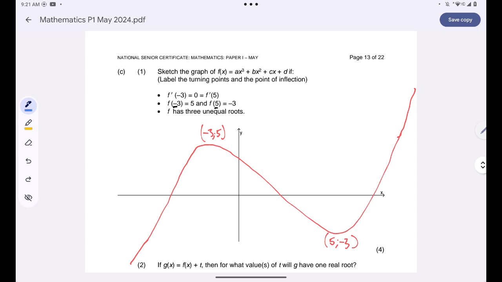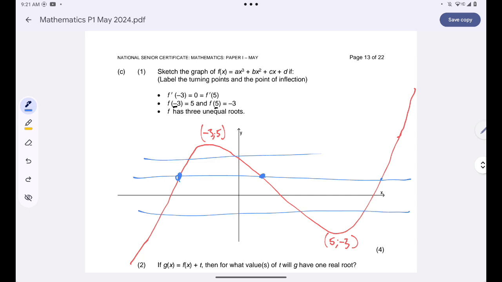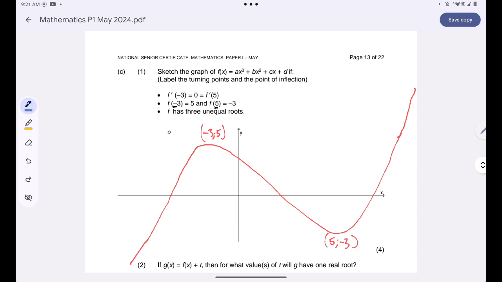Please check here. If you draw a horizontal line in between your two turning points, you will have a horizontal line that will give you 3 different roots. Anywhere between the two turning points, you will have a horizontal line that will give you 3 different roots, right? However, if you draw your horizontal line above the turning point, you will only have 1 root.